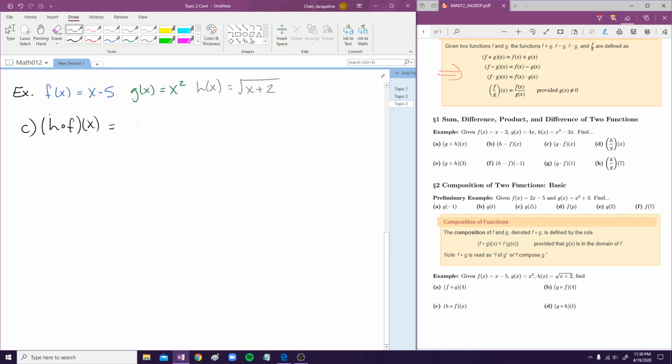So what is that? This is h of f of x. Okay, so what am I going to do? I'm just going to stick f of x right in here. So this is x minus 5. So for this h, wherever I see an x, I'm going to replace it with x minus 5.